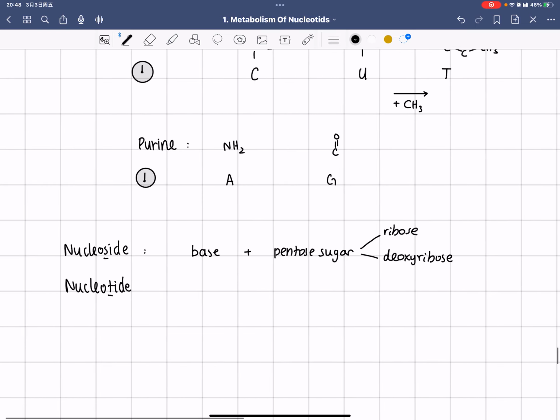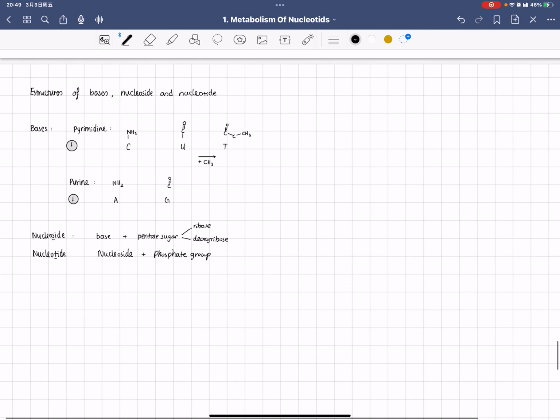But then nucleotide is nucleoside plus a phosphate group. So here's how you identify and differentiate between different bases, nucleoside, and nucleotide.